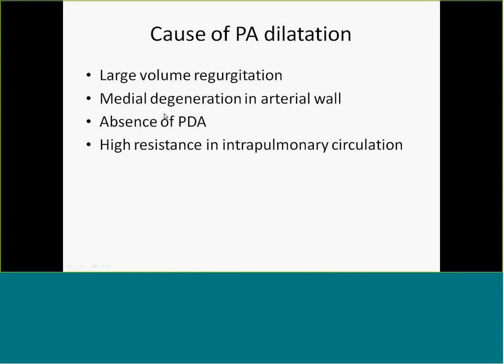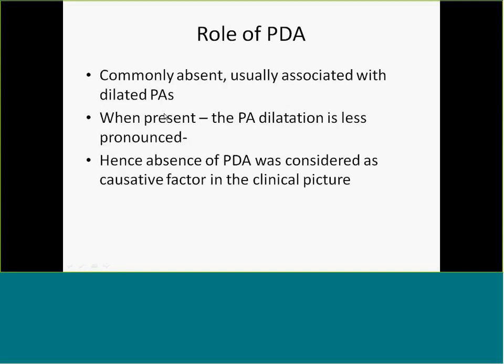The role of the patent ductus arteriosus. Many people have attributed absent pulmonary valve syndrome to an absent ductus. They say the ductus is absent, therefore the pulmonary artery is unable to decompress, therefore the pulmonary valve regurgitates into the ventricle. But usually in absent pulmonary valve syndrome, the patent ductus is not seen.